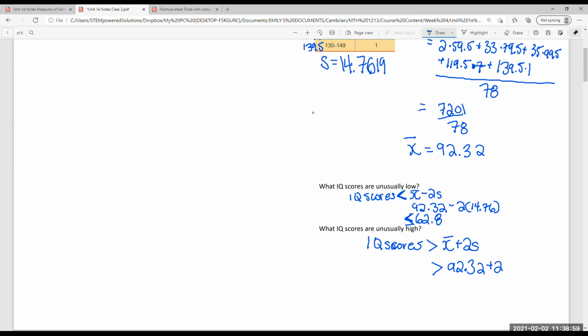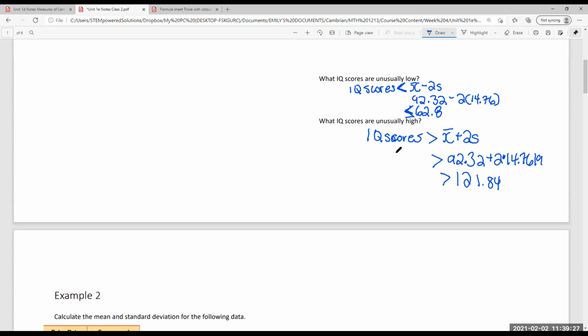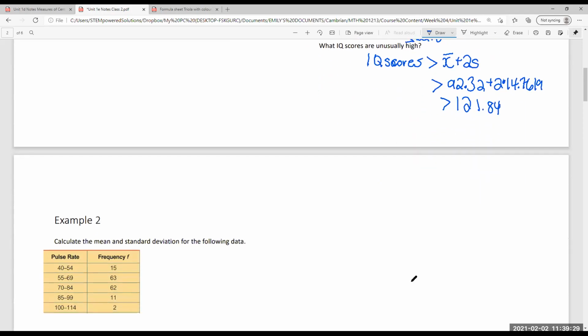S is 14.7619, 14.76. So 2 times 14.76 plus 92.32 equals 121.84. Anything greater than 121.84 would be IQ scores that are considered unusually high. That's right. Okay. All right, thank you, Stephen.